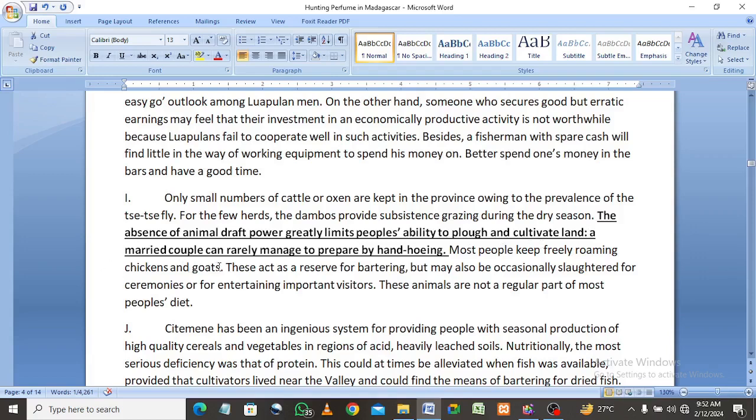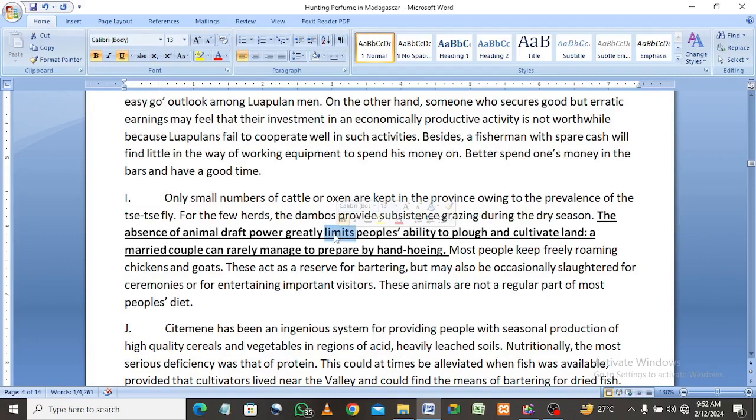A married couple can rarely manage to prepare by hand hauling. Now, if you look at this statement here, you find out that instead of rarely they use the word limit. Because rarely can also have the same meaning. It can also be synonymous to what? To limits.